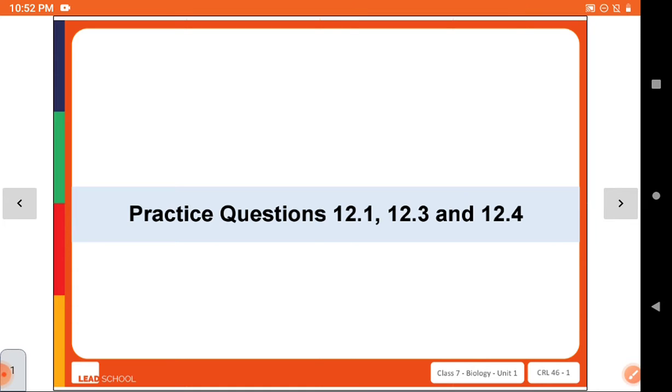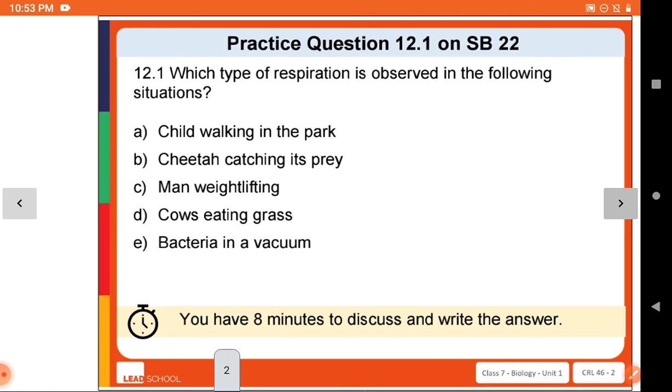Students, after that we are going to the practice questions. There are 3 questions: 12.1, 12.3 and 12.4. Our first question is, which type of respiration is observed in the following situations? Firstly, you have to write these questions after taking a screenshot. Further, we go toward the solution.